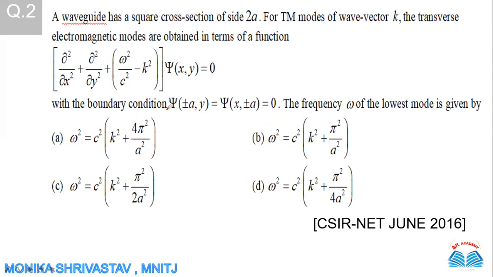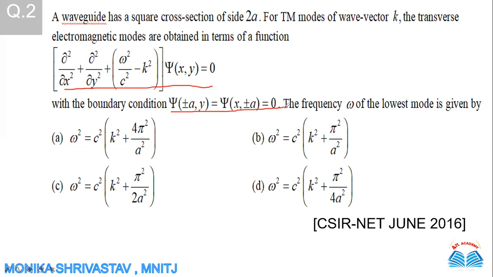It is also easy. A waveguide has a square cross section of side 2A. For TM modes of wave vector K, the transverse electromagnetic modes are obtained in terms of a function, with the boundary condition also given.